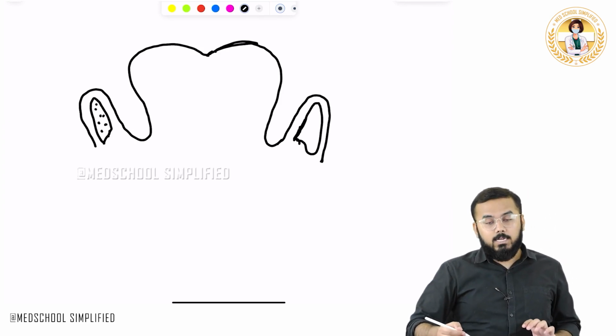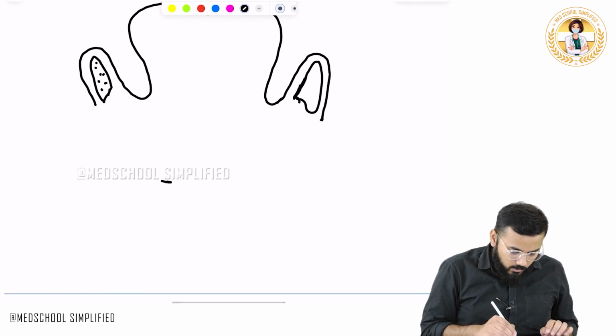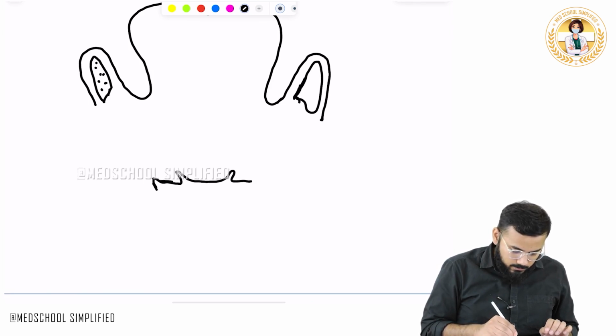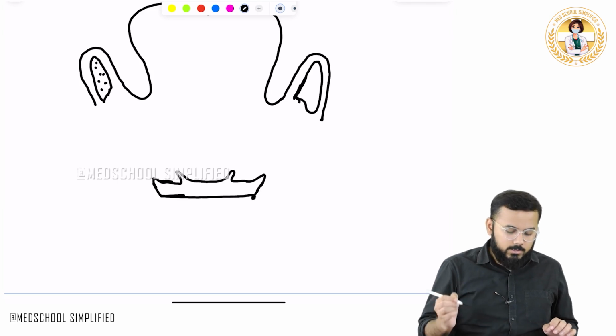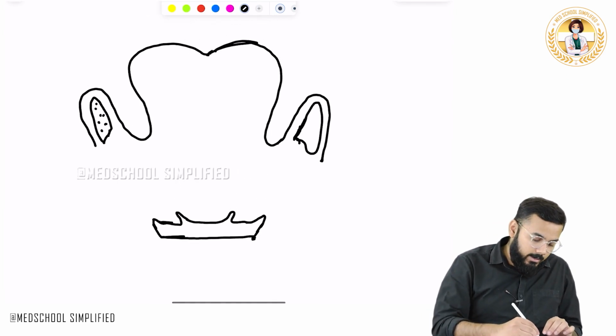So this is the cut portion of the tongue, and down here you have your hyoid bone. This is your hyoid bone over here, and these are the teeth.